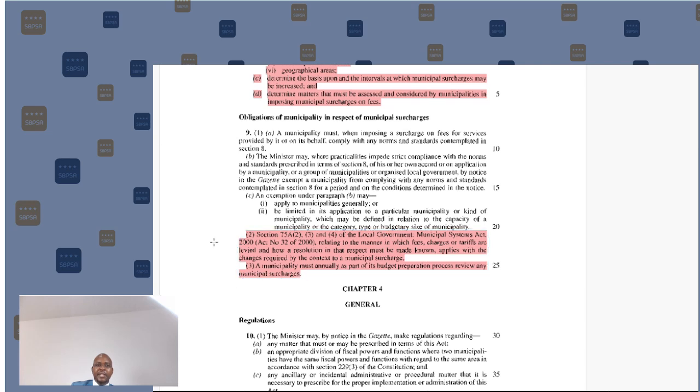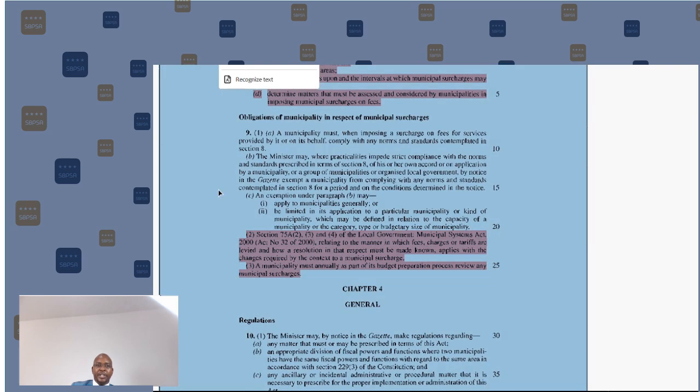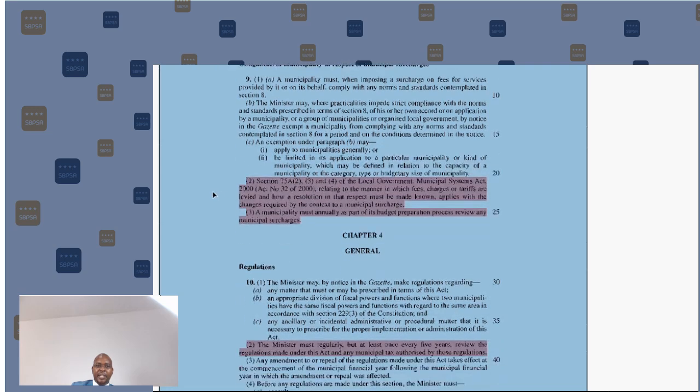Then here we're told that a municipality must annually, as part of the budgeting process, review any municipality surcharges. That is an obligation in terms of section 9.